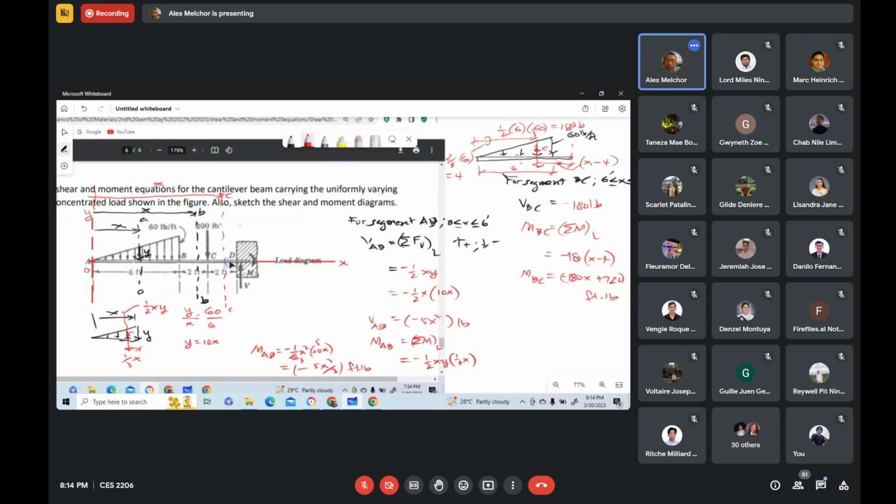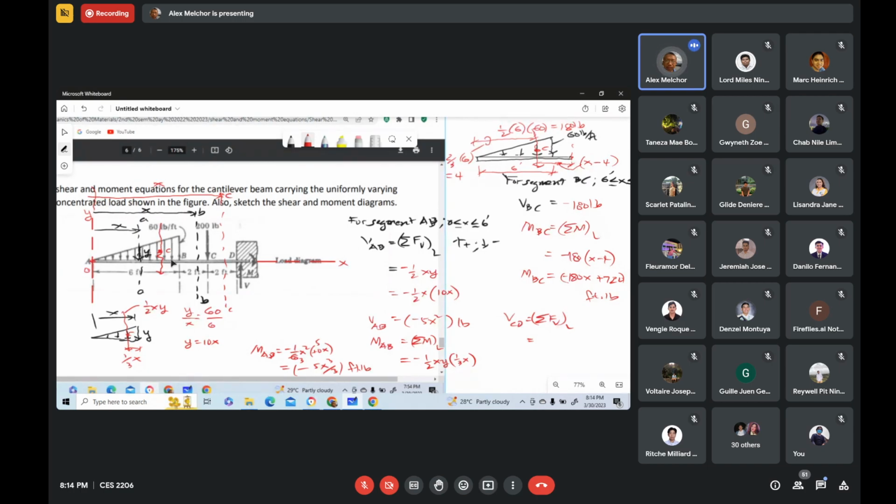Okay? And now, the shear equation for segment CD is the summation of vertical forces, considering the left portion of the section. Considering the left portion of that section, we have the force that is acting here. This is the resultant of the triangular loading.